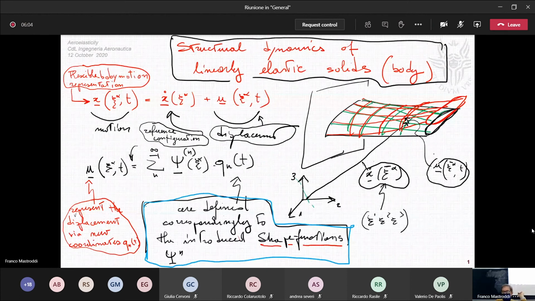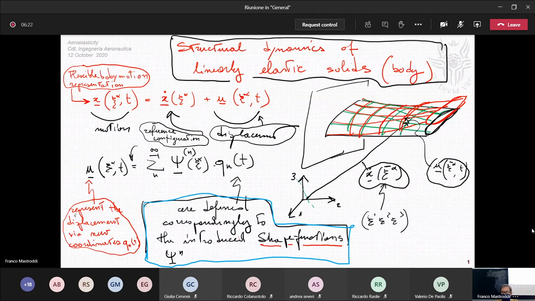Here I have, for a given time, taken a picture of this deformable wing, and we have the green reference configuration with the green mesh, and the red one representing the deformed configuration.